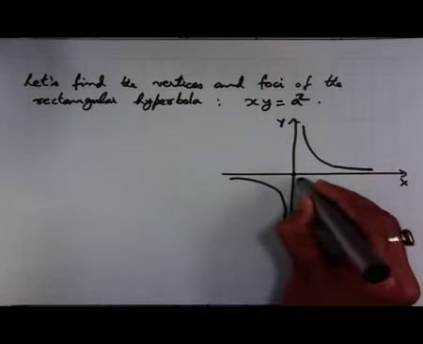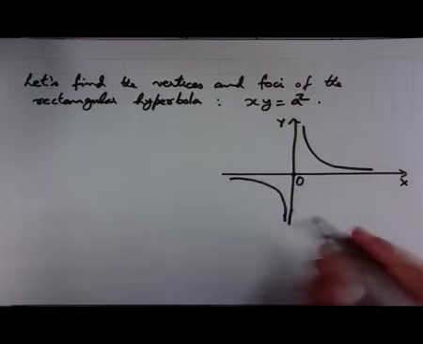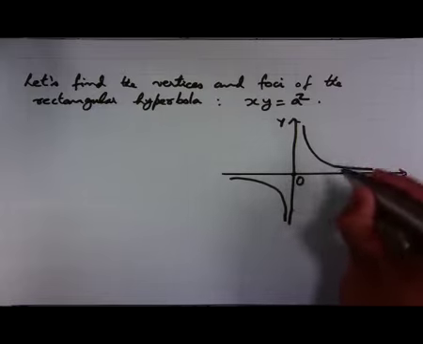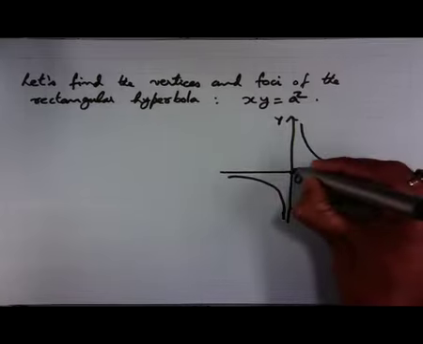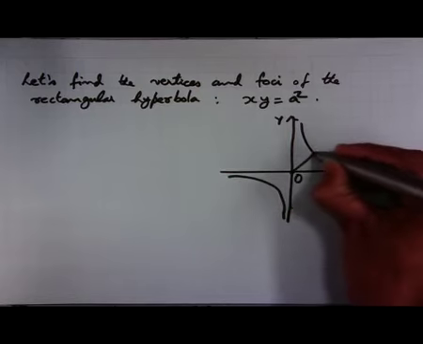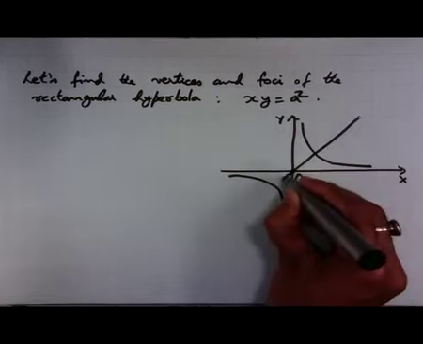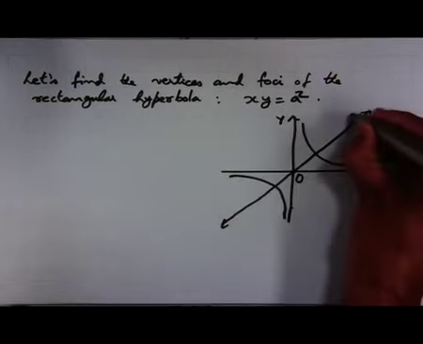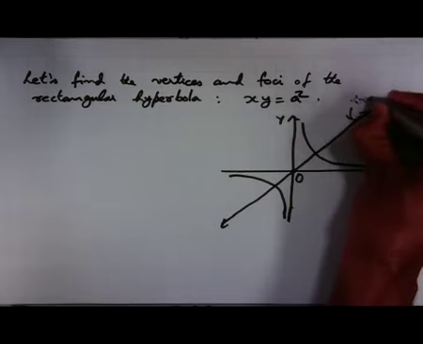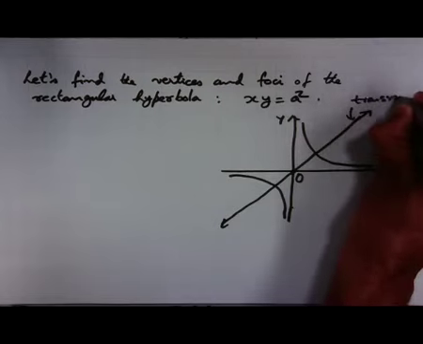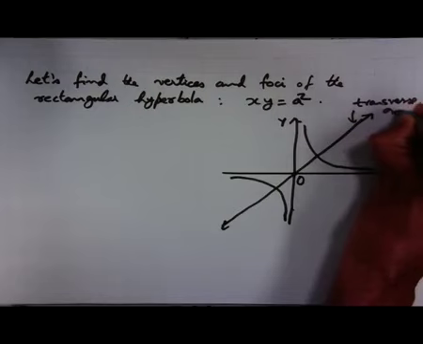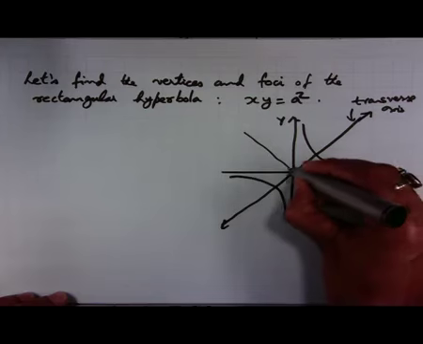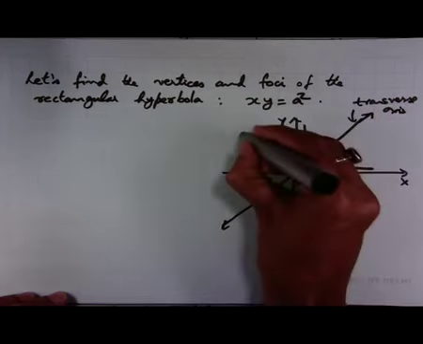So, this is the center O, and the vertices of this hyperbola will lie on this line y equal to x. So, here we have this is the transverse axis, and the line y equal to minus x is the conjugate axis.